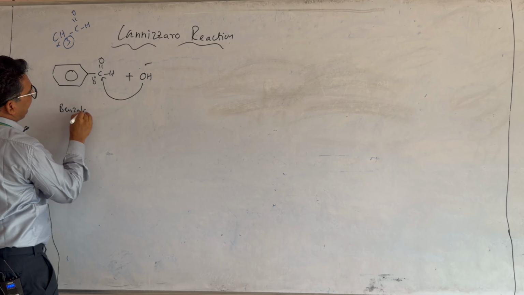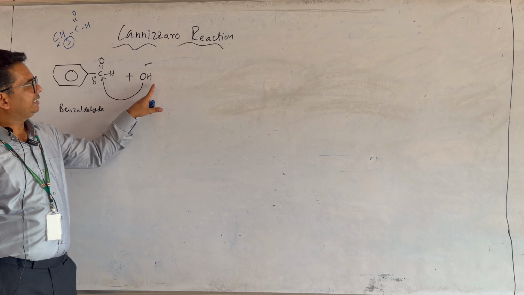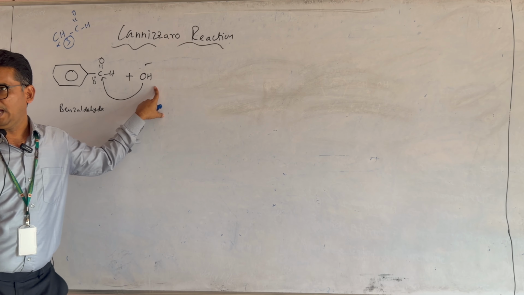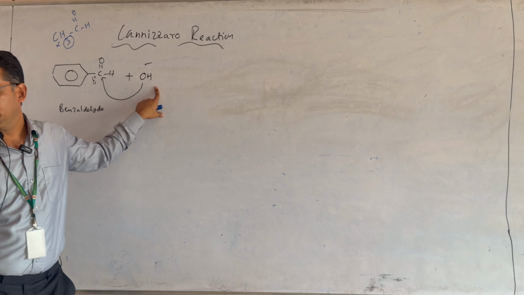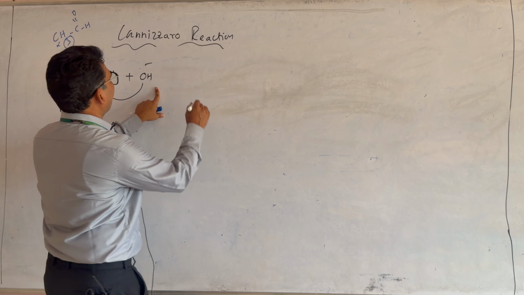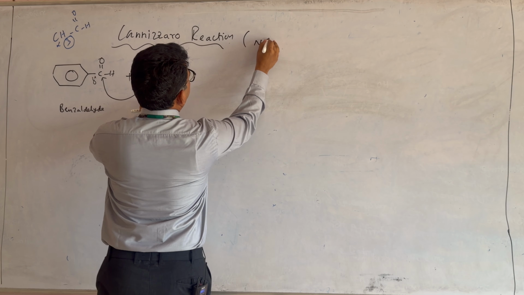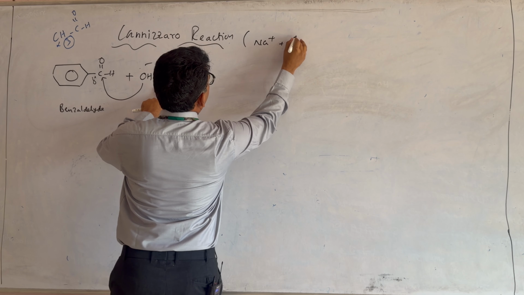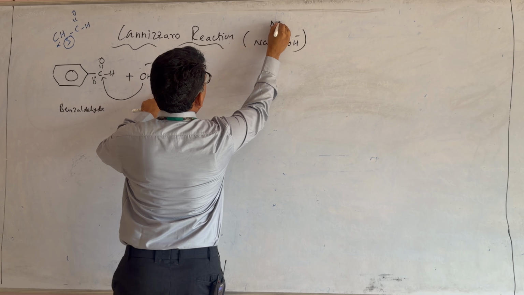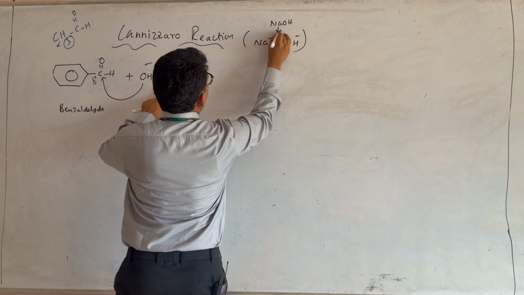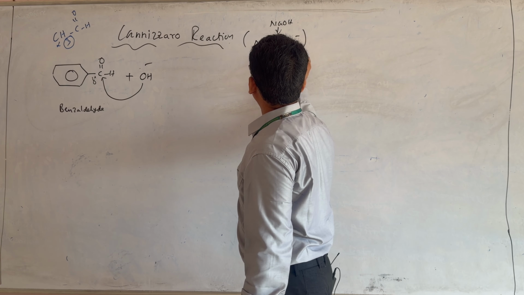This is the benzaldehyde. From where is this OH minus coming? We are using the alkali. In the presence of alkali, I told you, no? Then what will be there? Na plus OH minus. It is coming from the NaOH salt. This is nucleophilic in nature.